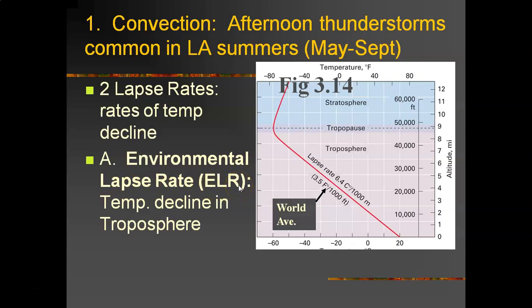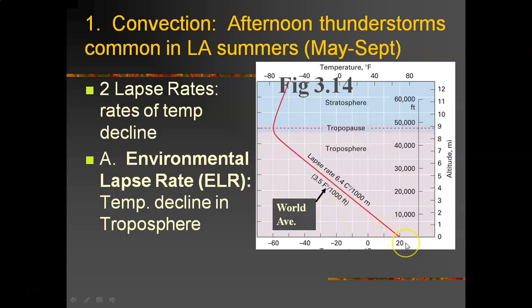This is the rate of temperature decline in the troposphere. You've seen this graph before when we were talking about temperature and introducing the troposphere. It's defined by temperature decline, and there is a world average. On average, temperatures decline in the troposphere about 3.5 degrees for every 1,000 feet you go on up.